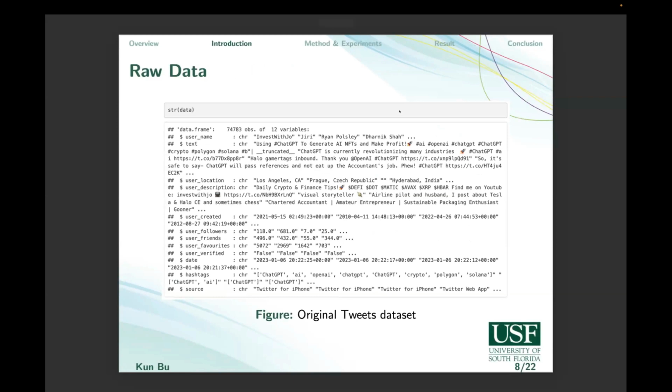So as you can see here is our raw data. We have more than 74,000 observations, and we will mainly use the second column, which is the text. You can see the text is unstructured data, containing a hashtag, ChatGPT, or hashtags of other related things.